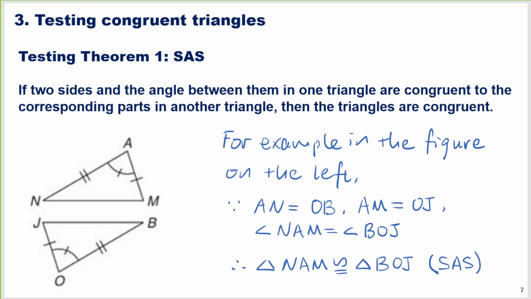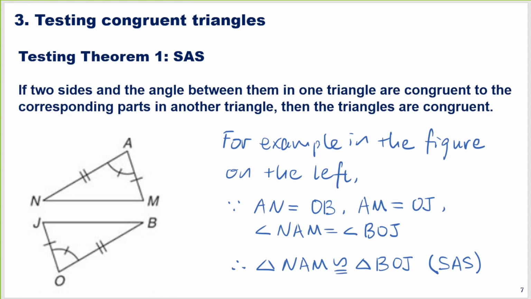In such a way, by testing theorem 1, SAS, which means side angle side, we have triangle NAM congruent with triangle BOJ. Okay, this is called testing theorem 1, SAS.